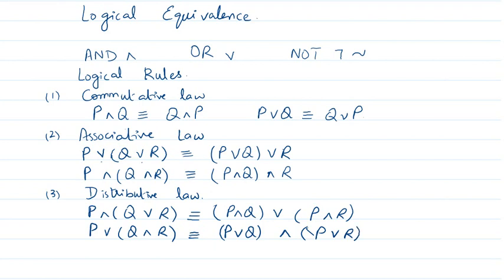So this is the distributive law of OR over AND and AND over OR.